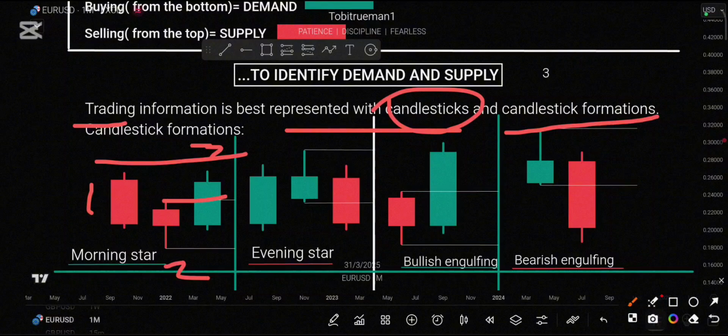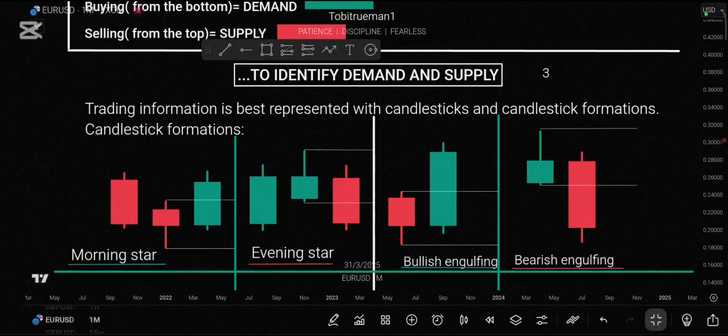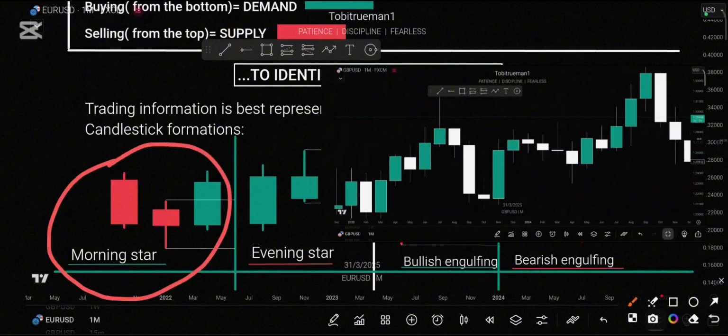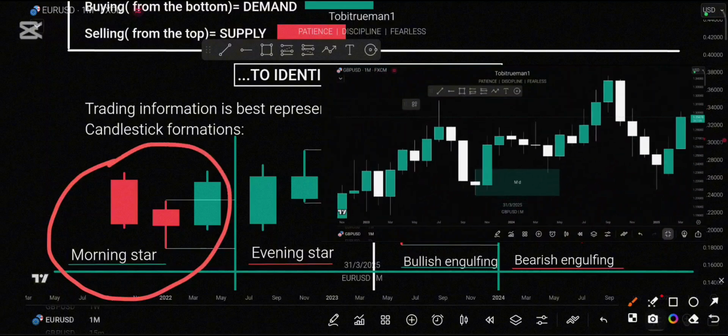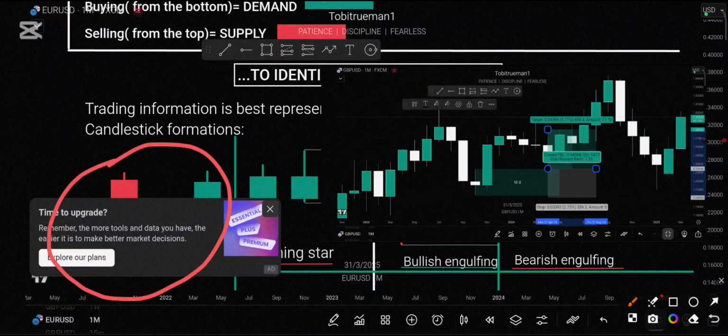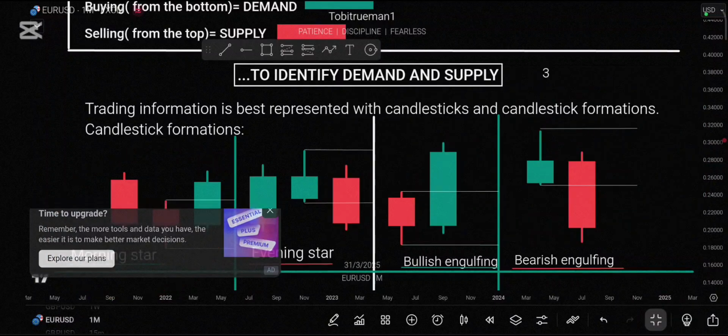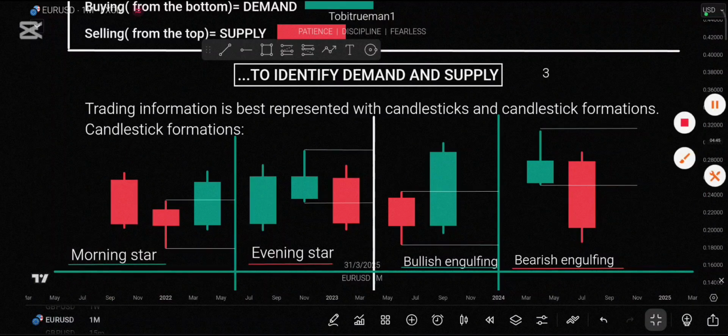You can check them on the playlist. The next one we are going to look at is the evening star candlestick pattern. The morning star pattern tells you that the market is going to be buying. It's just an indication that the market will buy. Then the evening star candlestick pattern is an indication that the market is going to sell.